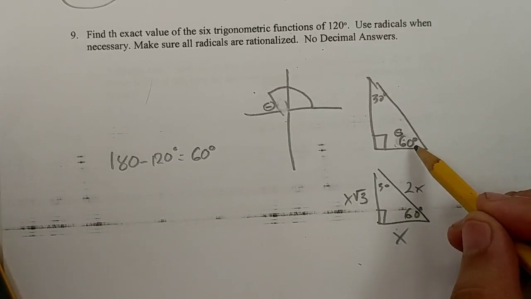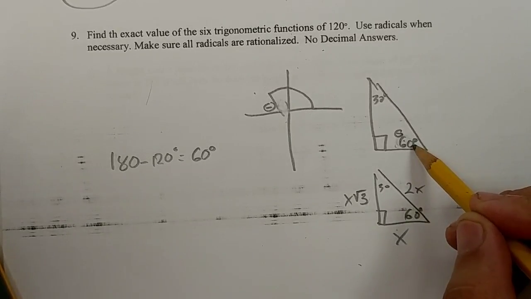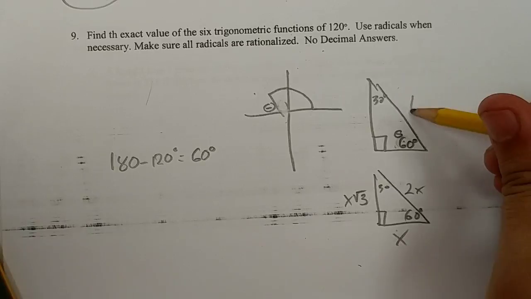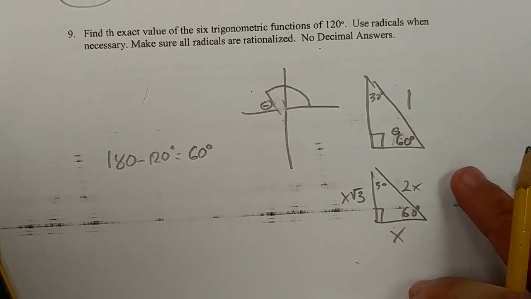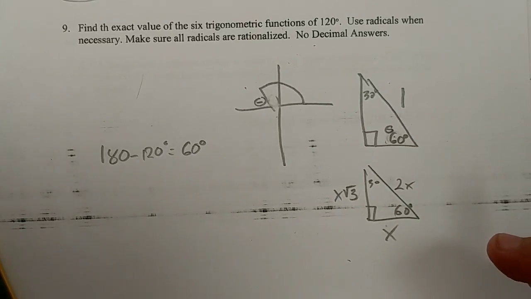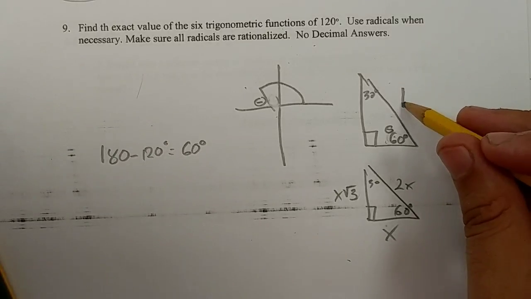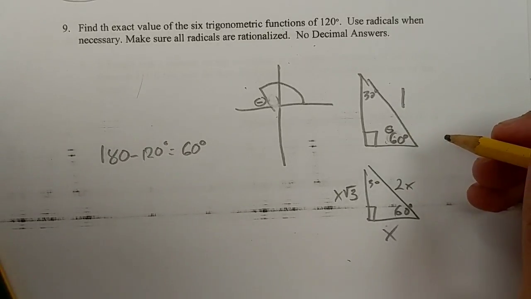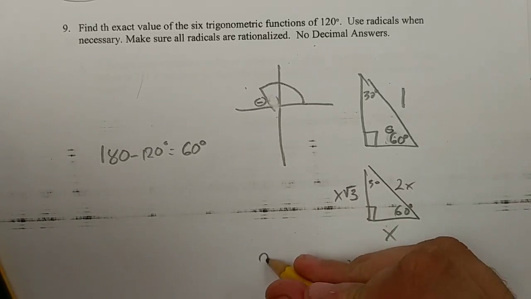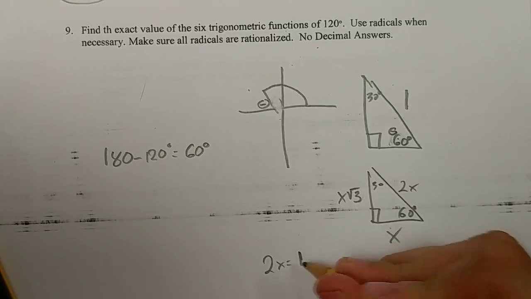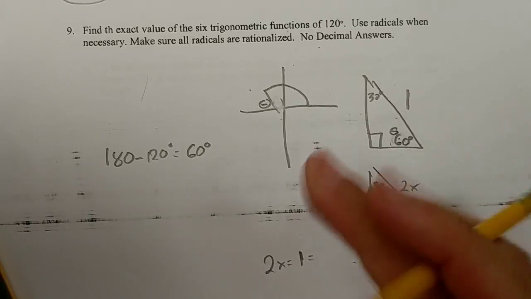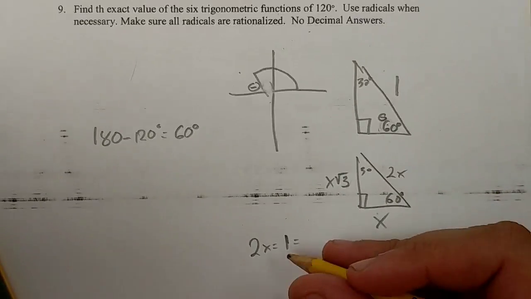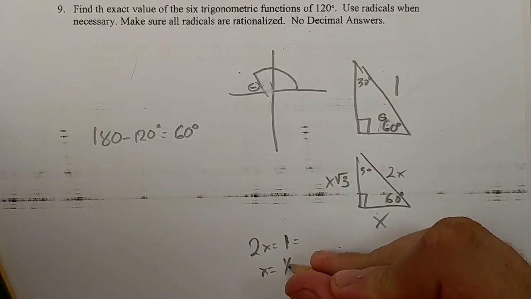Okay, so I have 60 degrees here, and I know this should be 1. My unit triangle from the unit circle is 1. So what I'm going to do is take 1 and divide it by, here, if 2x equals 1, then divided by 2 on both sides, x equals 1/2.